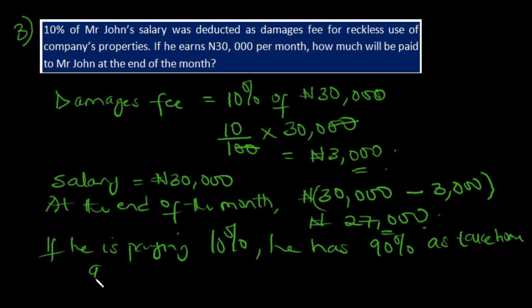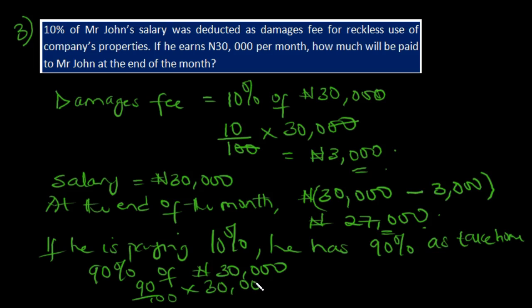So we can calculate 90% of 30,000 naira. So we have 90 over 100 multiplied by 30,000 naira. 2 zeros cancel 2 zeros. 90 multiplied by 300 is 27,000 naira.